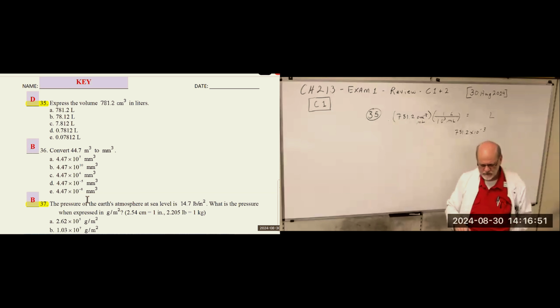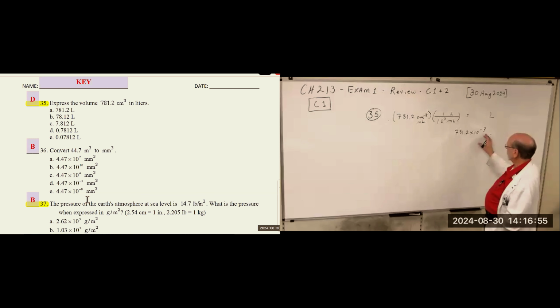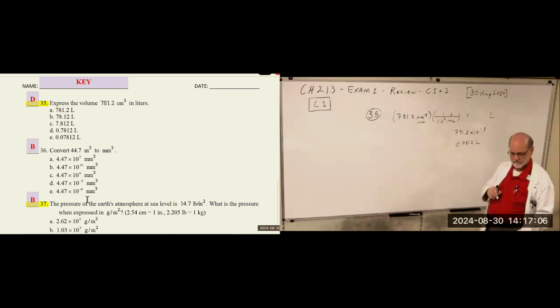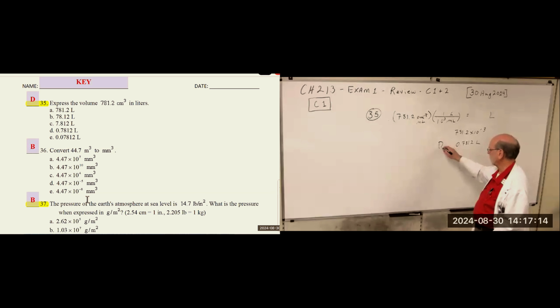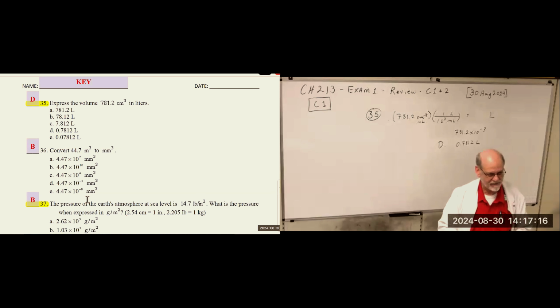Let's see, our answer is in standard notation. So 1,000th of this would be 1, 2, 3. Like that. Oh, wait a minute. Yeah, that's right. 4 significant figures. D. Okay.